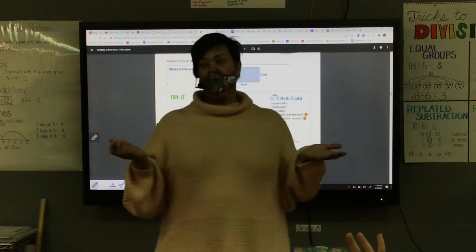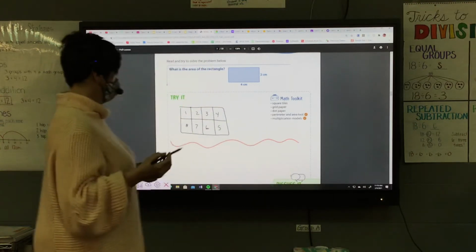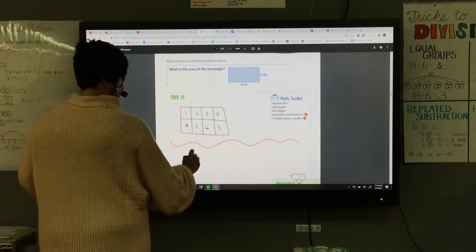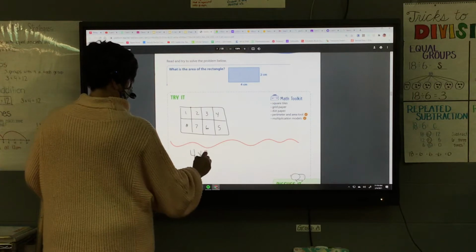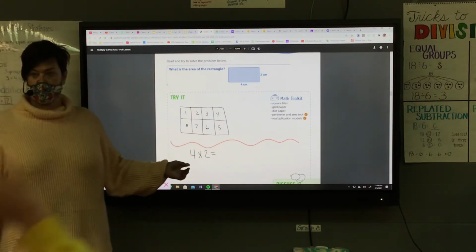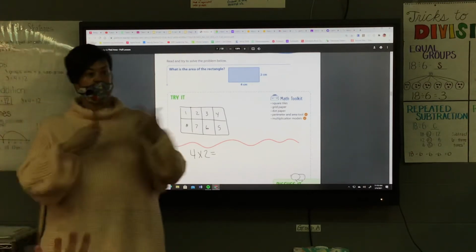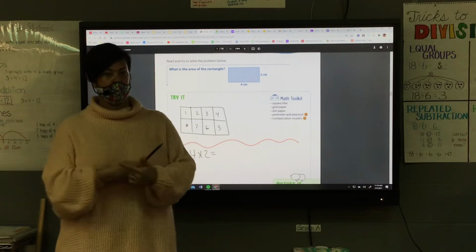Okay, so what did you write for your multiplication equation, Natalia? 4 times 2. Anybody else write this equation? Did anybody flip-flop it and do the 2 times 4?